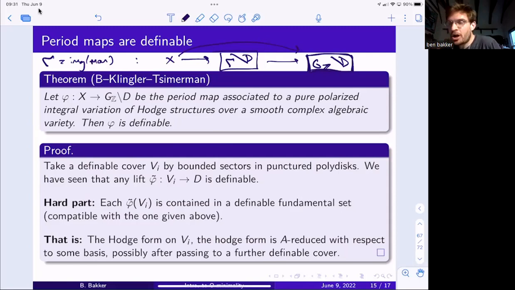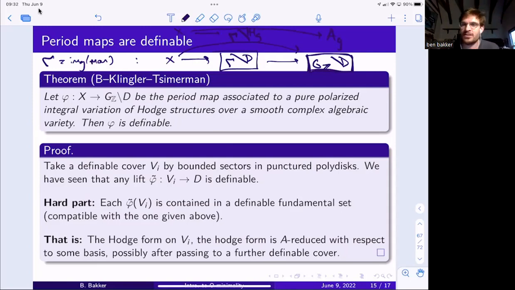If you were talking about families of abelian varieties, you can either map to AG, the moduli space of abelian varieties, or you can map to Siegel space modulo the image of the monodromy group. And this would be a completely weird thing to do in that context. So it's much more natural to map to the actual moduli space of Hodge structures. Anyway, the answer to your question is no, it doesn't cause any problems.